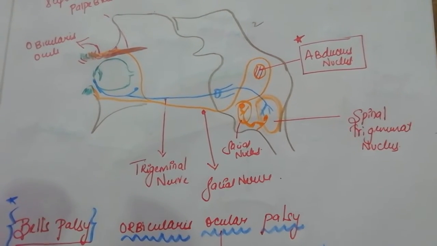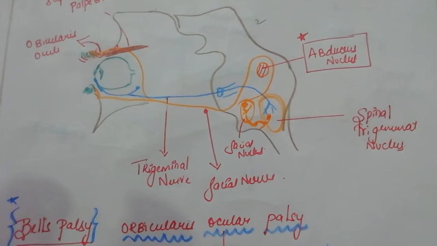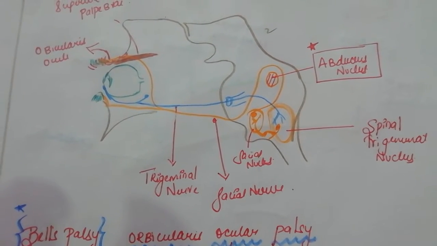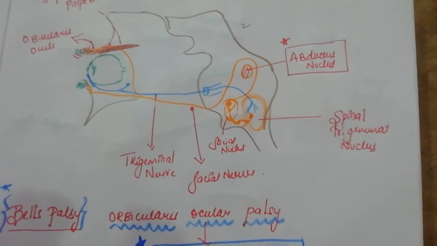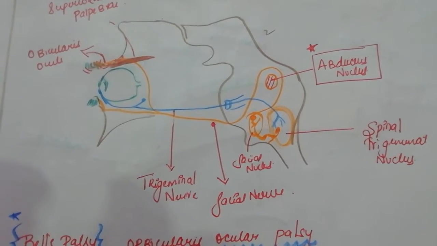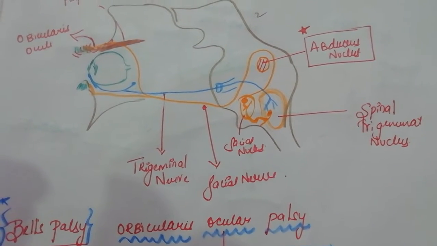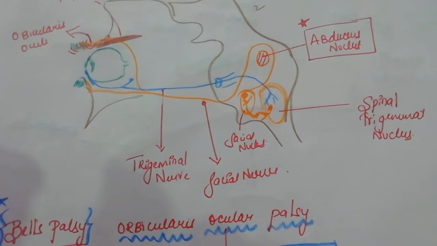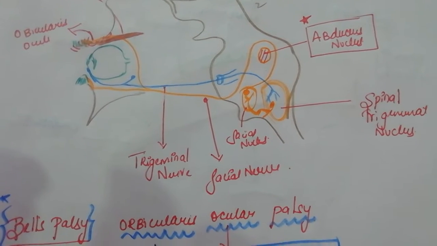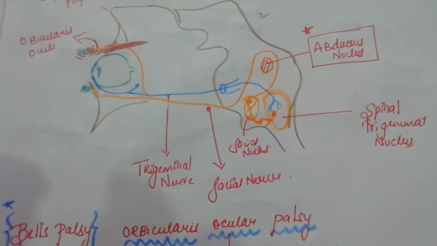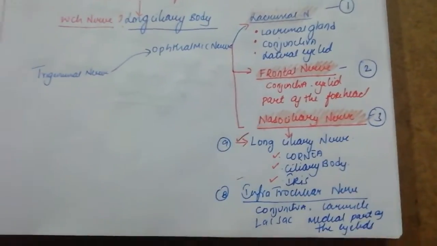Why does he blink? Because whenever you place a cotton on the cornea, the sensory signals are carried by the trigeminal nerve. And which part of the trigeminal nerve do we have to understand? That is the long ciliary nerve.